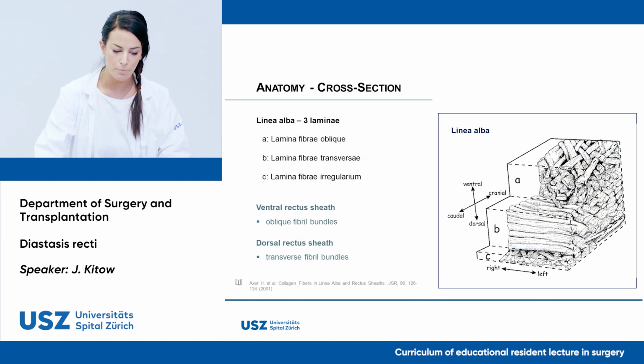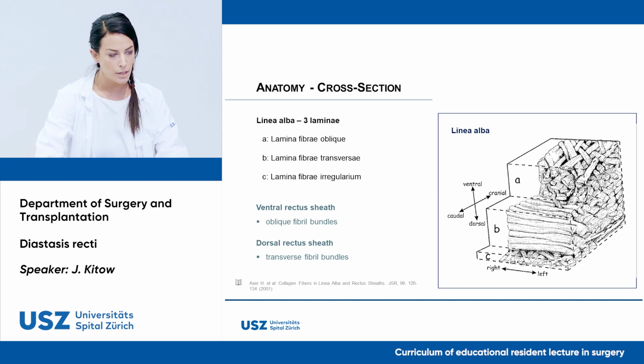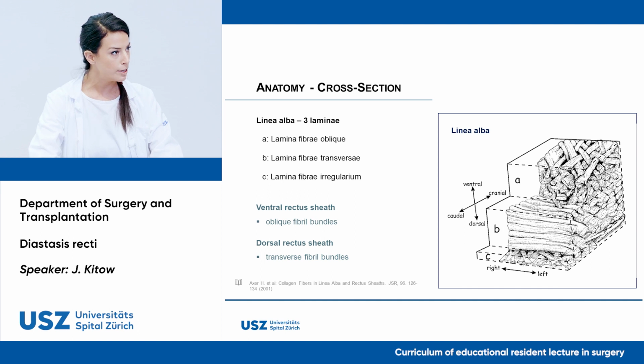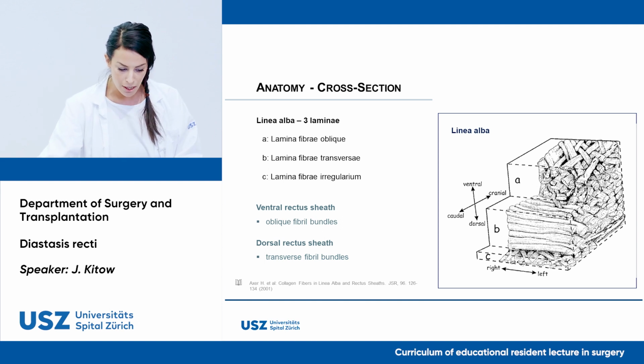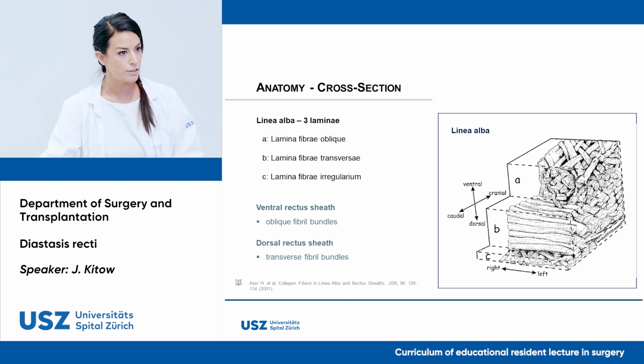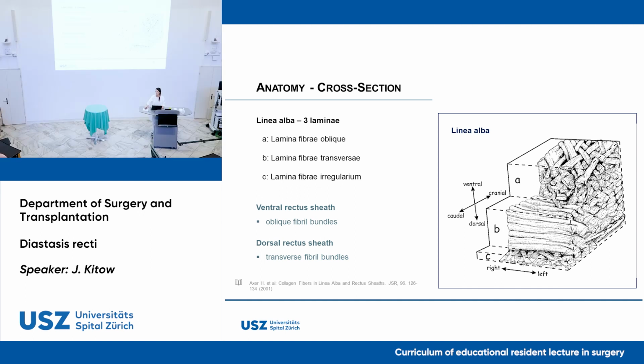When we talk about the build-up of the linea alba, it's made up of 3 laminae. The first lamina, deriving from the oblique abdominal muscles, is the lamina fibrae obliquae. The second one in the middle is the lamina fibrae transversae, deriving from the transversus abdominis muscles, and the last one is the fibrae auricularum.